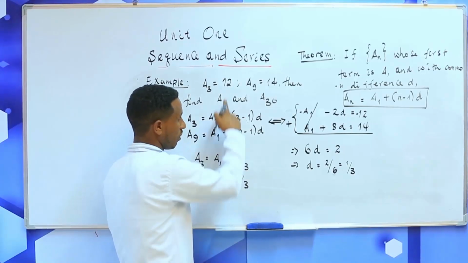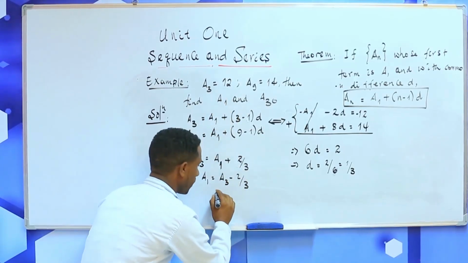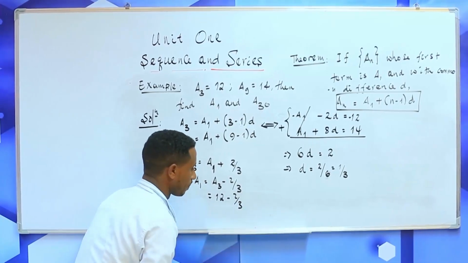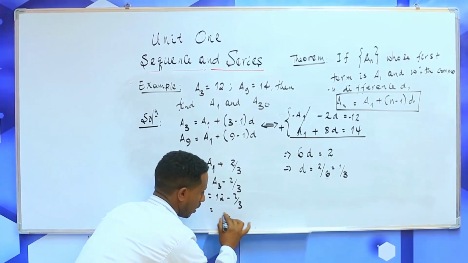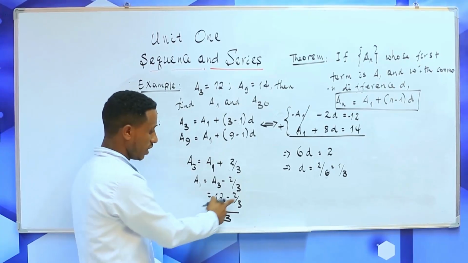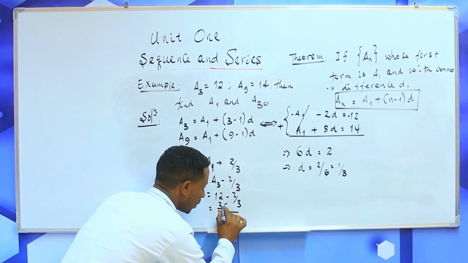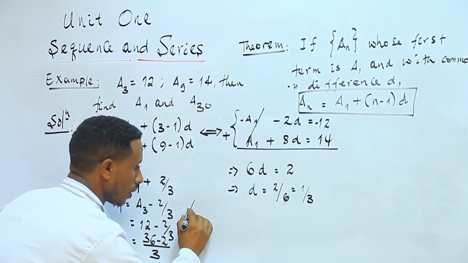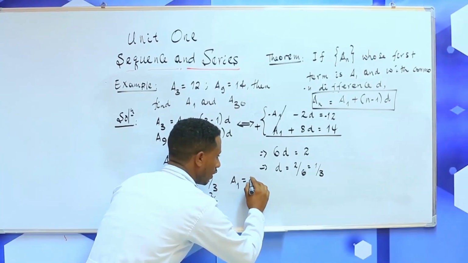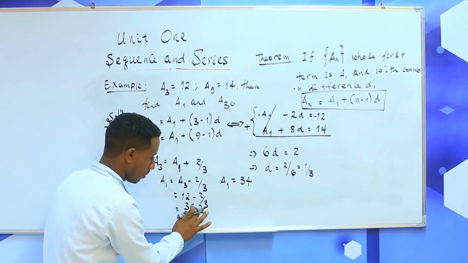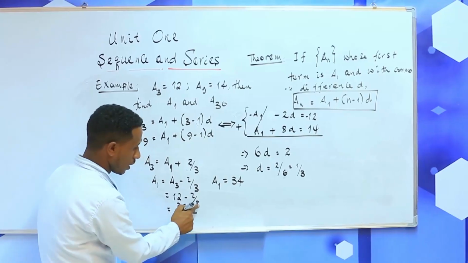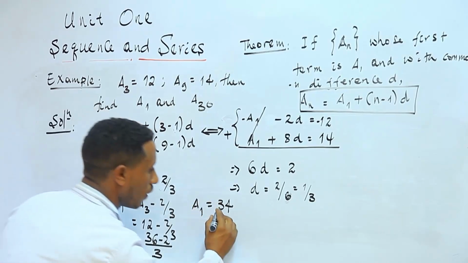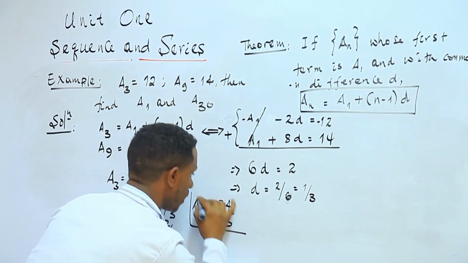It's already given that A3 is 12. Then 12 minus 2/3: if you compute this difference, you will have 36 minus 2 over 3. 36 is 3 times 12, minus this 2. So 34/3 is the first term.